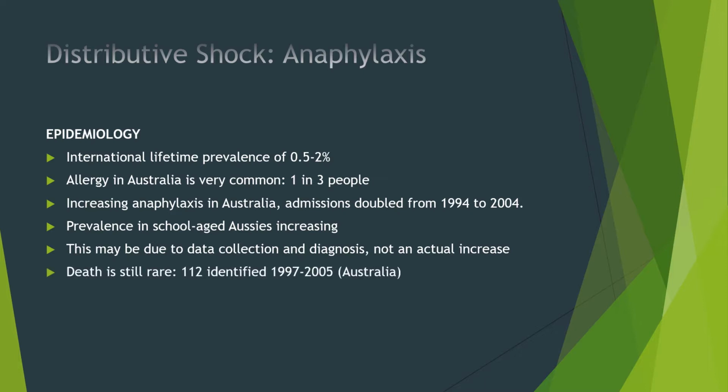Despite this supposed increase in incidence, the actual amount of death from anaphylactic shock is quite rare, and between 1997 and 2005 in Australia there were only about 112 identified deaths. The most common triggers are medications, food, and insect venom.